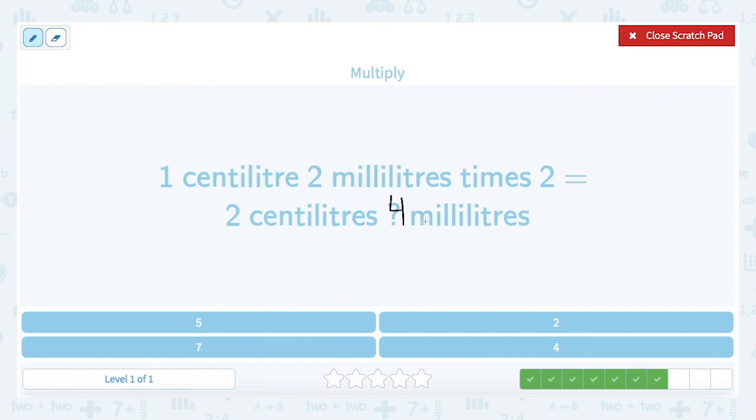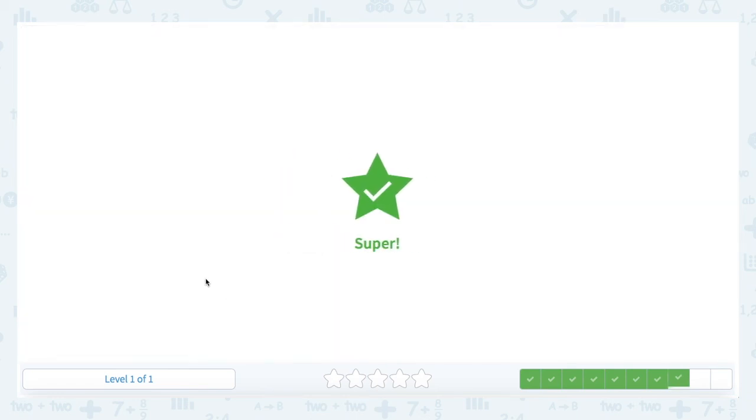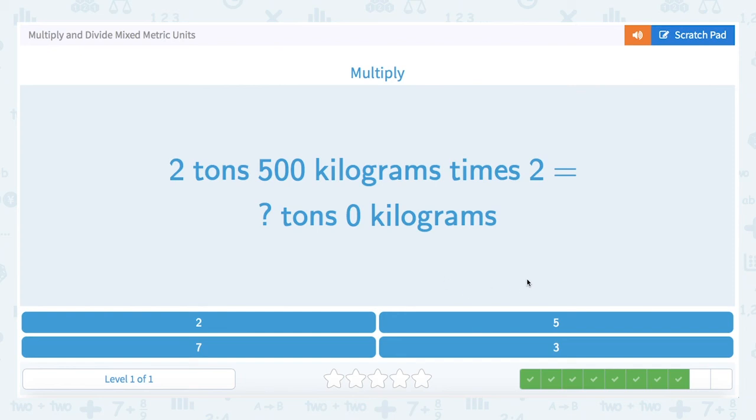It takes 10 milliliters to make a centiliter. We don't have 10 milliliters, so our centiliters just stay at 2, and our milliliters are 4. Again, another correct answer.